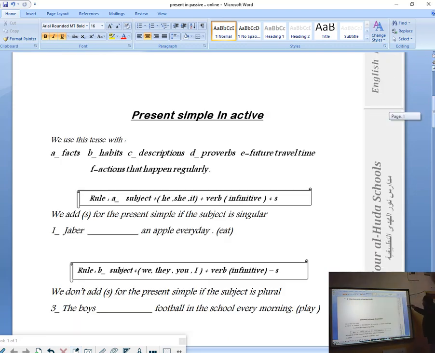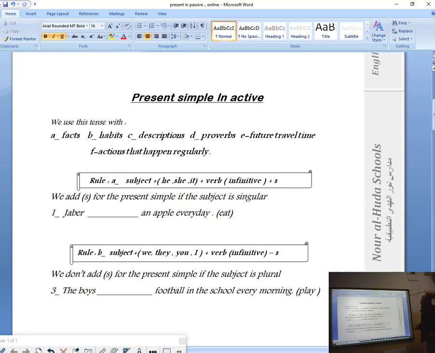First, present simple is a tense that we use with certain actions. First of all, facts. What do you mean by facts? For example, when I tell you the earth goes around the sun, this is a fact. Or for example, if we boil water, it evaporates.